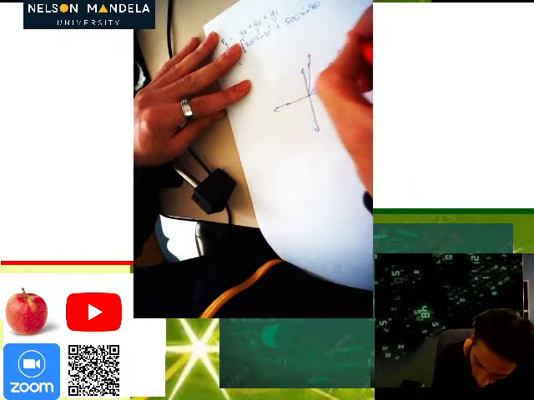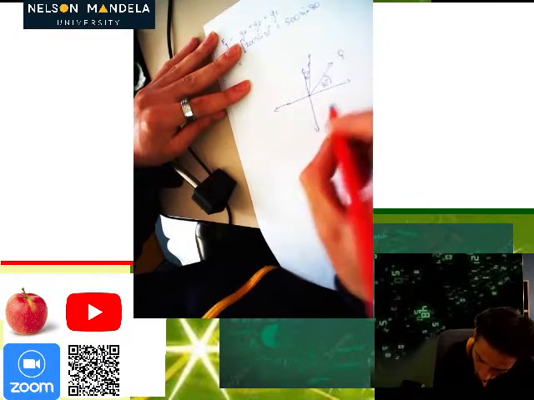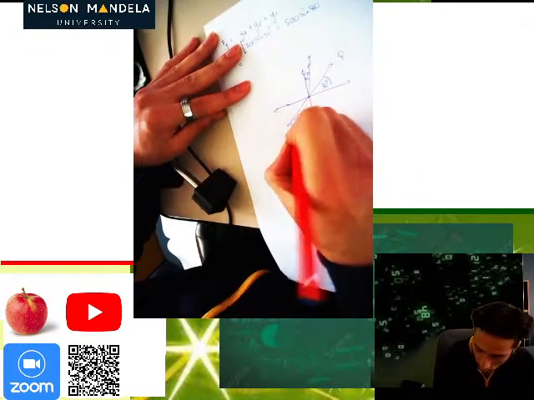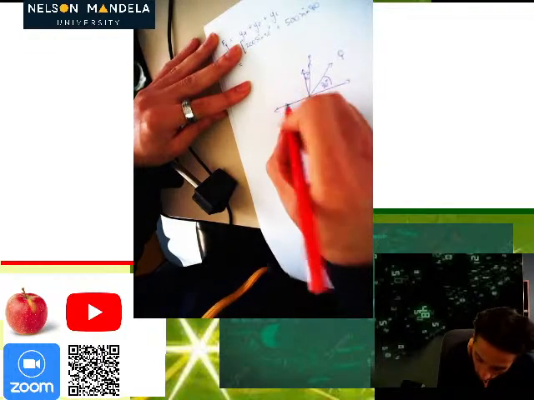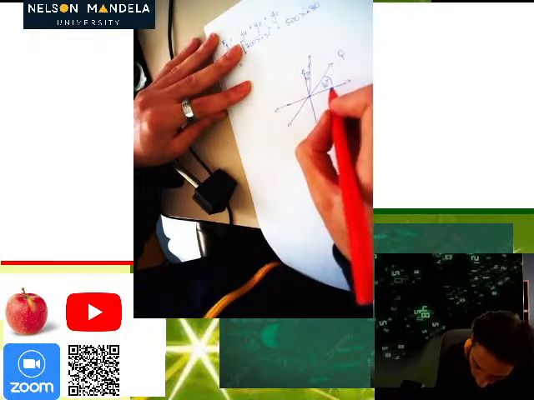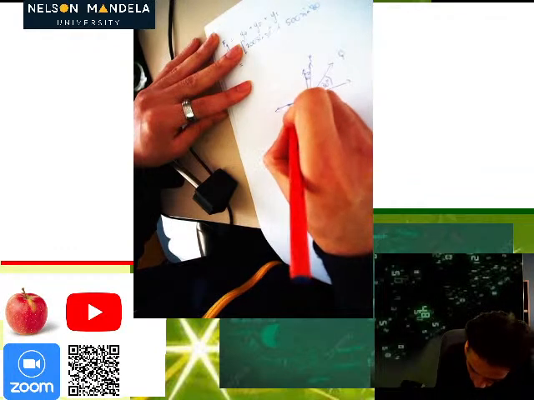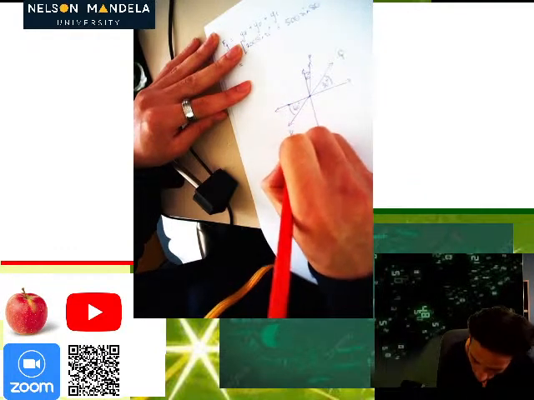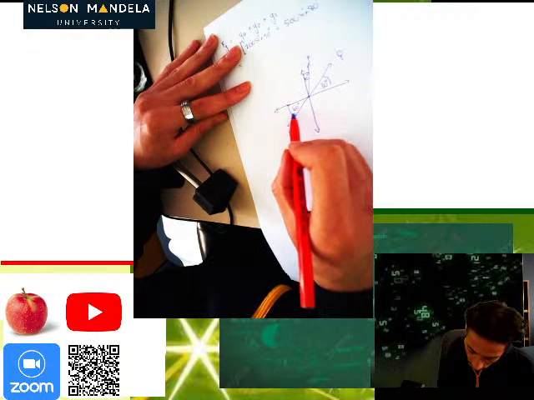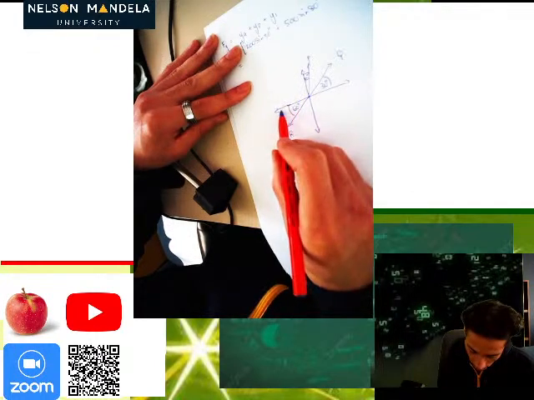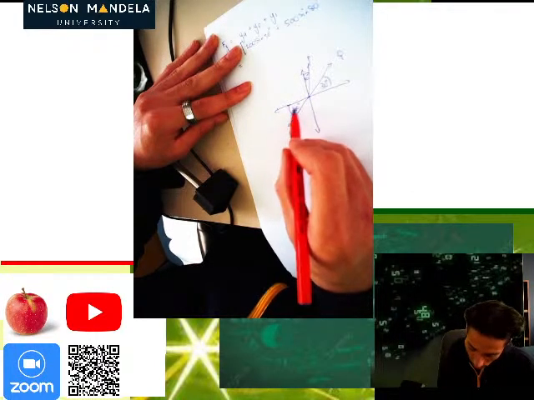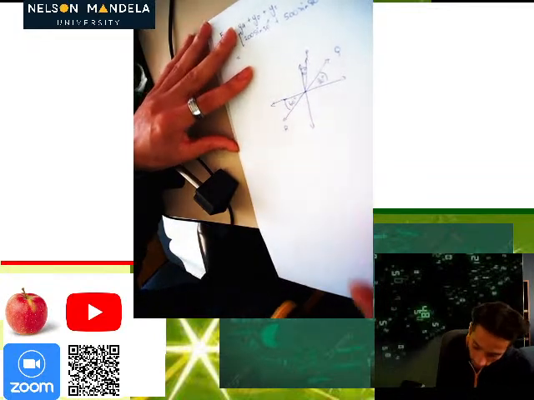Force P occurred at an angle which we said was 10 degrees with respect to the positive y-axis, and our final force R occurred at 60 degrees with respect to the negative x-axis.